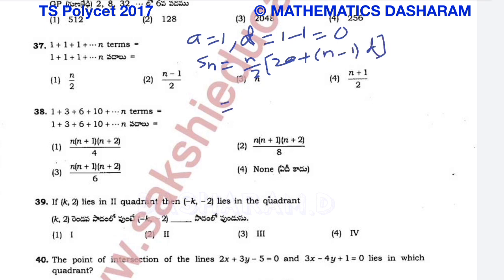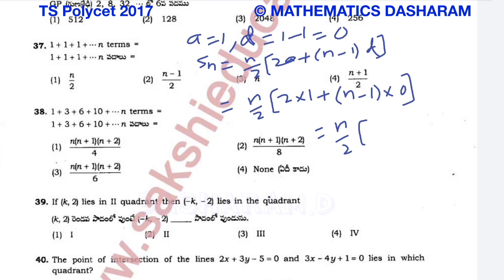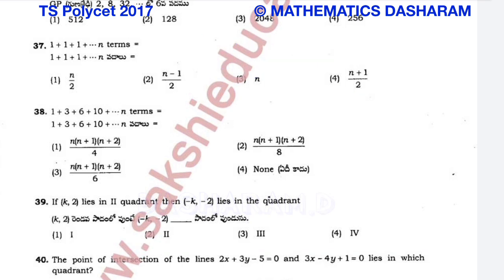So here up to n terms is given, so n will come as it is, n by 2, 2a is 2 into 1, n minus 1 into d value 0. So overall n by 2 into, here n minus 1 into 0 is 0, 0 plus 2 into 1 is 2. The 2s cancel, and it equals n. So here option 3 is correct.